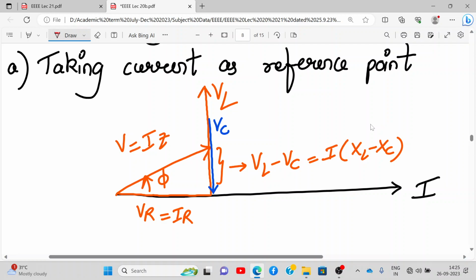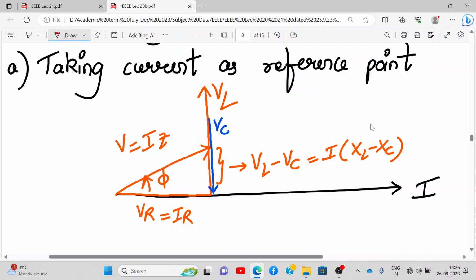Instead of showing it down, I have shown it up only, but with an arrow down. Why is VL bigger than VC? That is the case we have considered, right? So whatever the difference between VL and VC is, that much will come over here. VL minus VC will be I into XL minus XC.